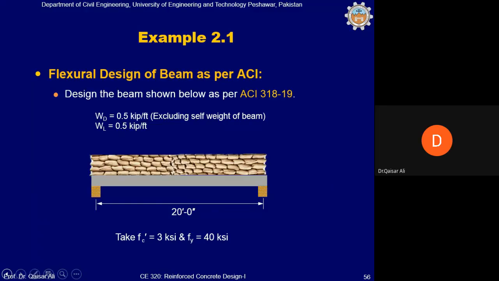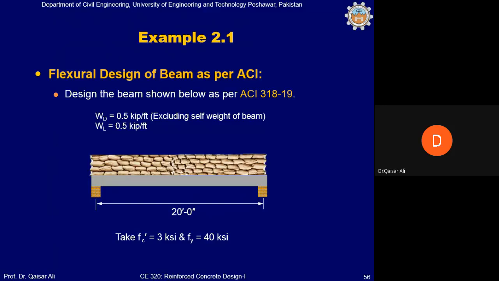Now, this is an example. Design the beam shown below as per ACI 318. You can see that the beam is supported on walls. Practically, there will be no hinge supports, as we commonly realize.